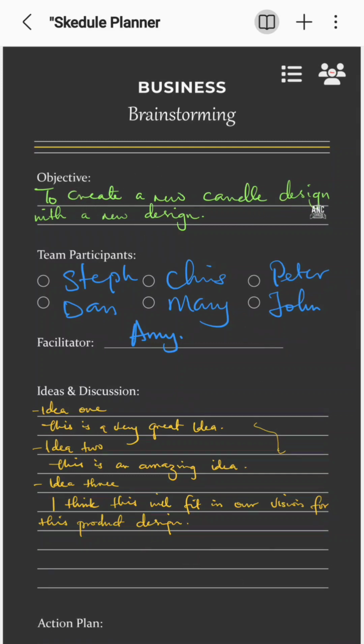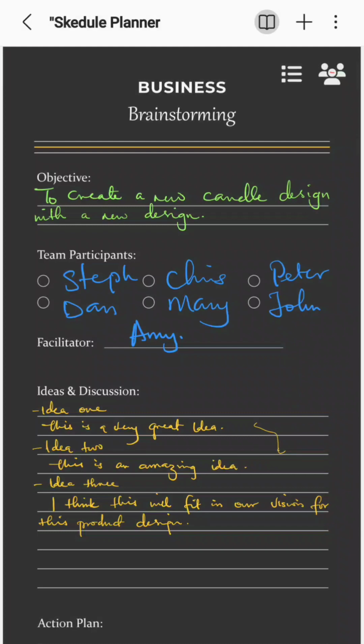You can write the objectives of your brainstorming session right here, and the team members who are participants of this session. You can write everybody's name here, and the facilitator, the person who is going to be leading this brainstorming session, you can write the name down there.